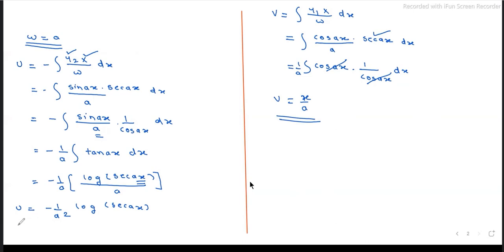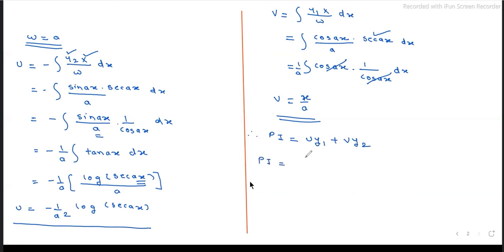Check. What is the value of u? Minus 1 by a square log of sec ax. What is the value of v? x by a. And that's why always keep the formula of PI in mind. In the variation of parameter method it is u into y1 plus v into y2. Now replace these values.